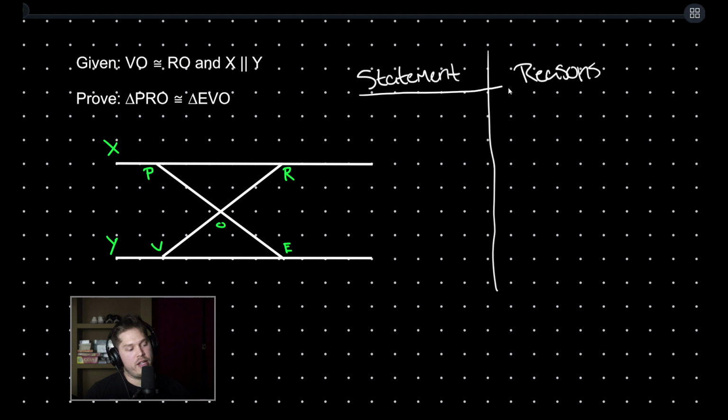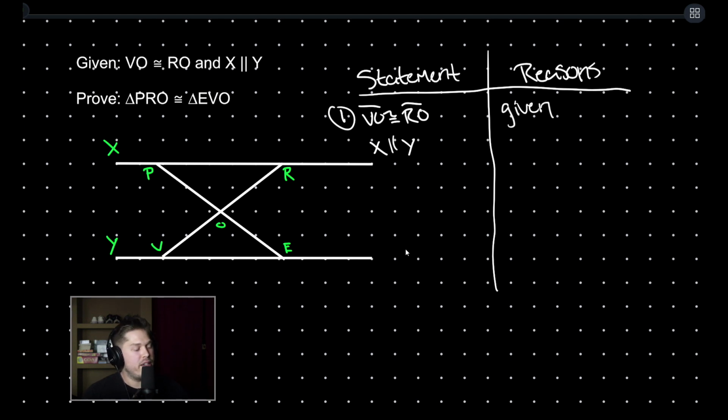So our first line, our number 1, is always to restate the given. So VO is congruent to RO and X is parallel to Y. Oops, I said equals, meant parallel. X is parallel to Y, and this is our given.